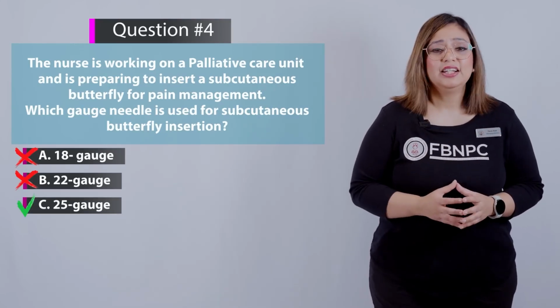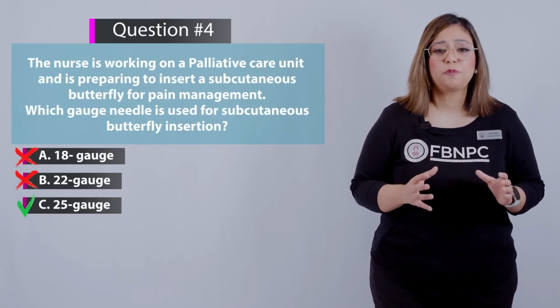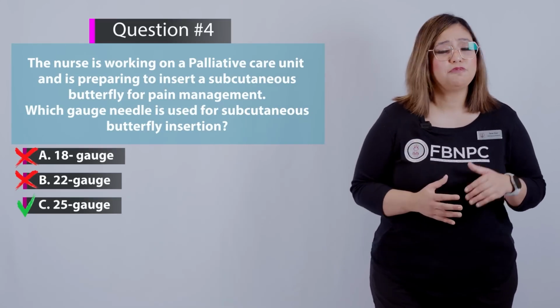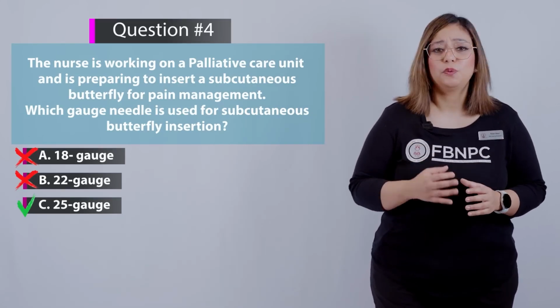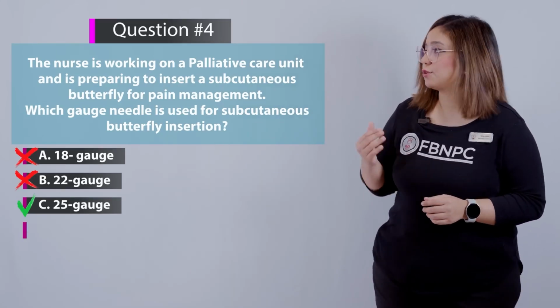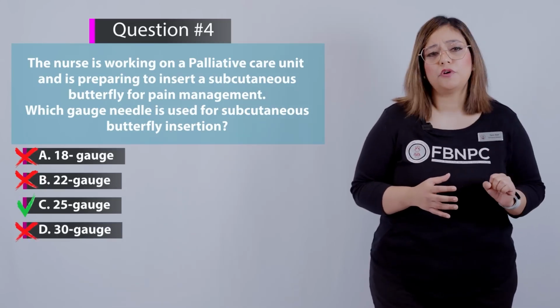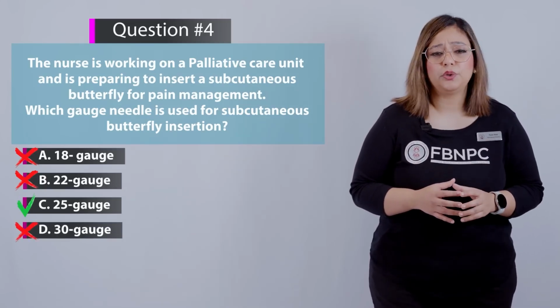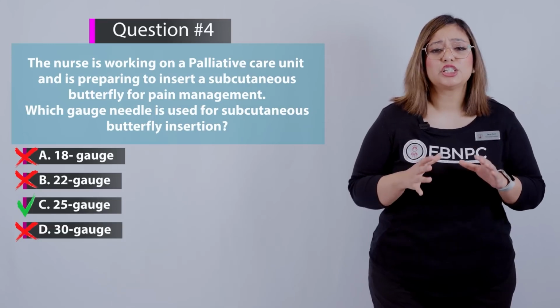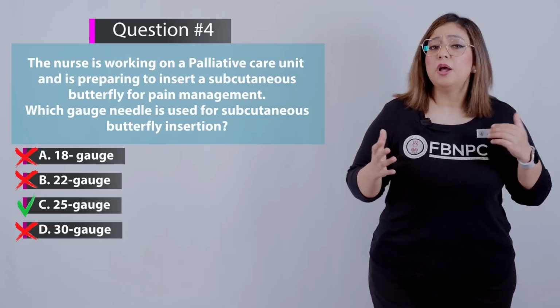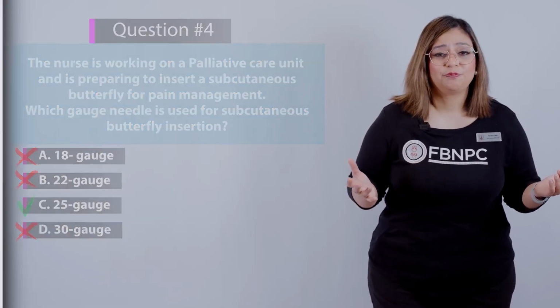That is correct. This needle size is an appropriate balance for the medication flow and patient comfort. So that's what you would be using. Option D, 30 gauge, is incorrect because that is too small a gauge for subcutaneous injection and is not appropriate. That's appropriate for intradermal injection.